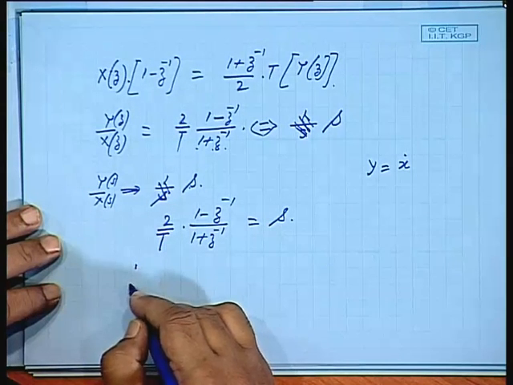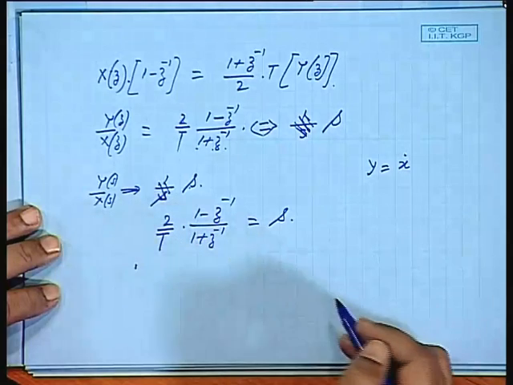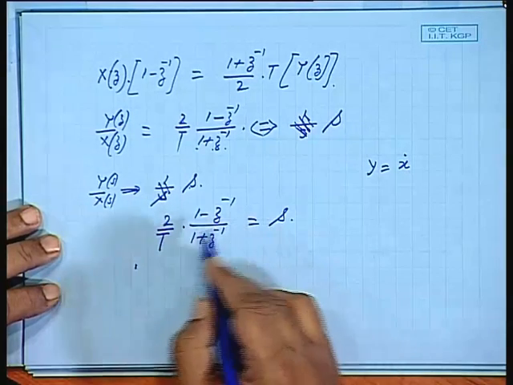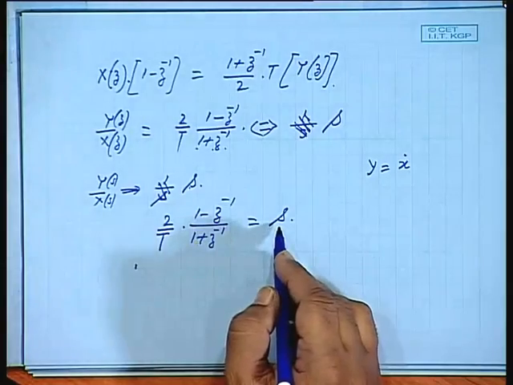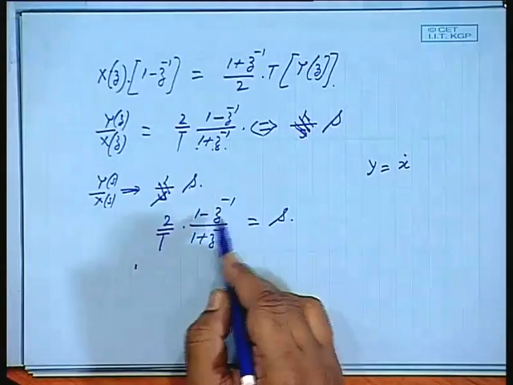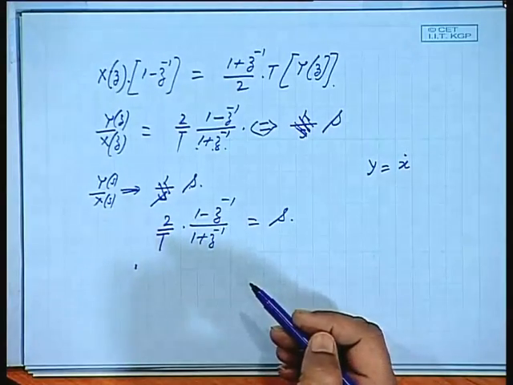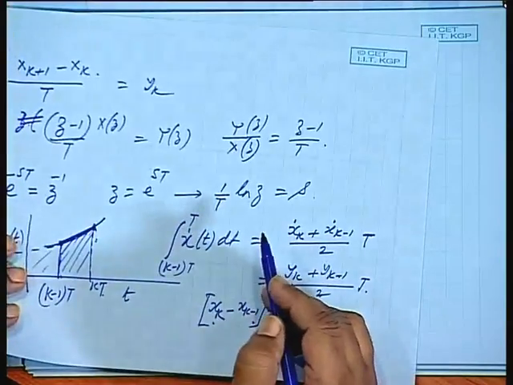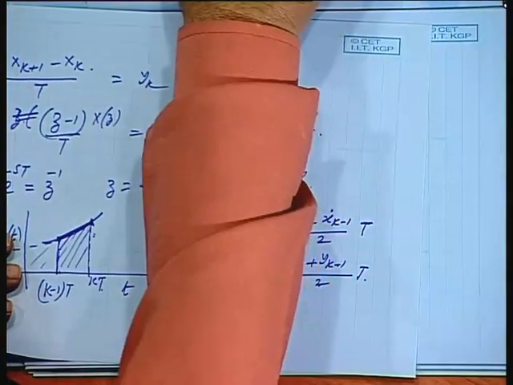Wherever we find an s, we will make a substitution of 2 by t into 1 minus z inverse by 1 plus z inverse. Earlier we were making a substitution of 1 minus z inverse by t or z minus 1 by t. So, this is a third approximation. Like this you can go for higher order substitutions.